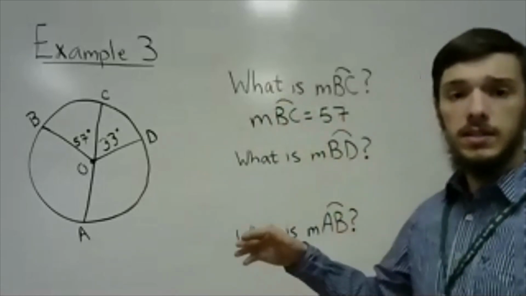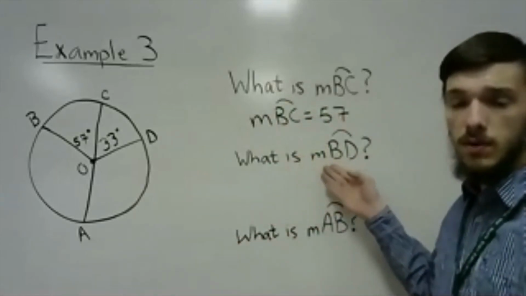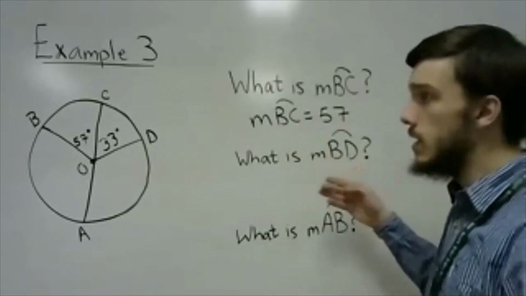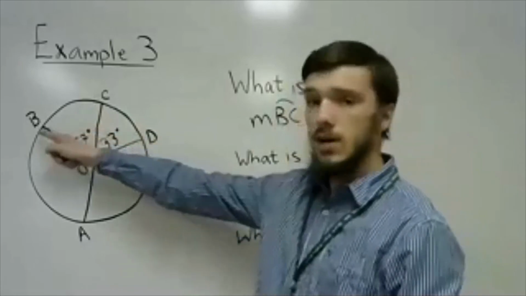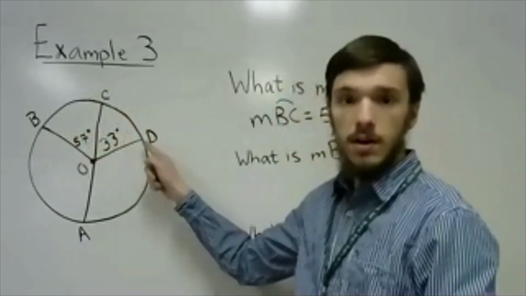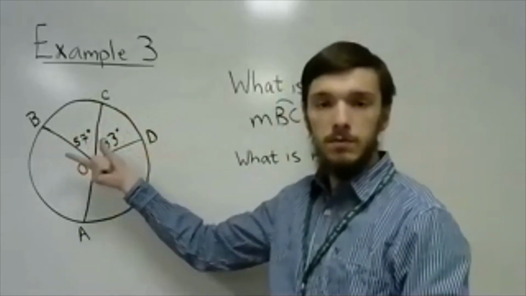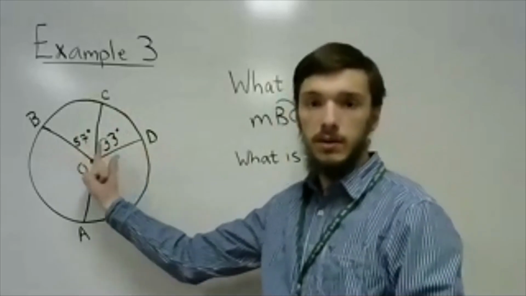Our second question is, what is the measure of arc BD? Now, if we look at BD, that's also a minor arc, but it's kind of made up of two central angles.